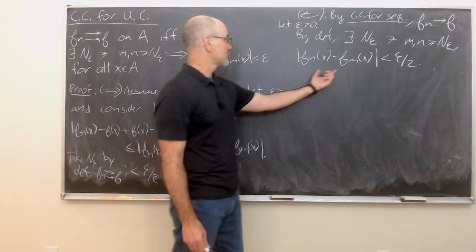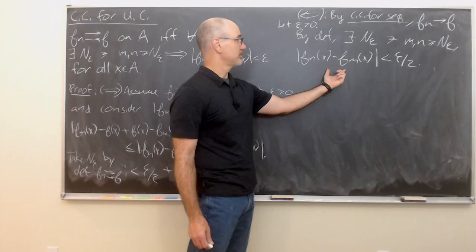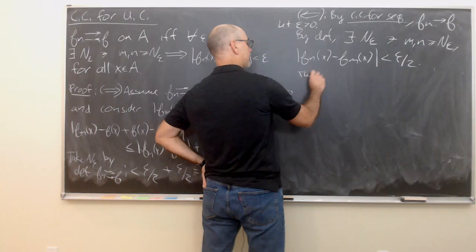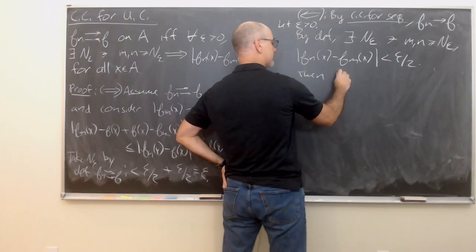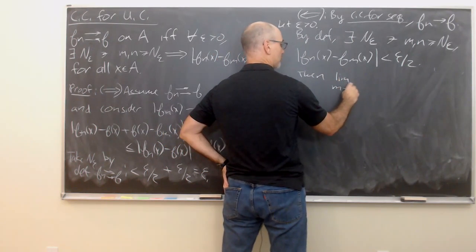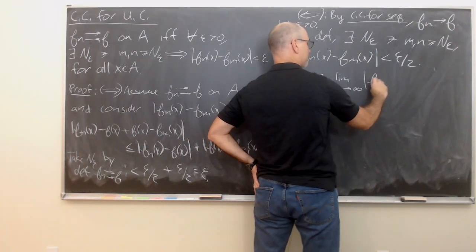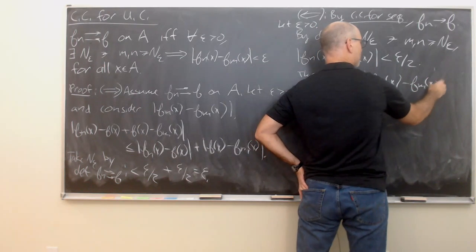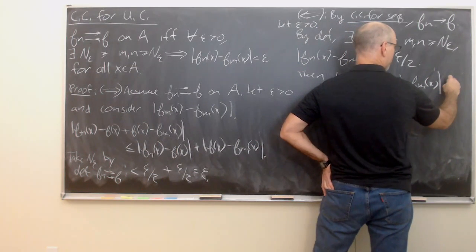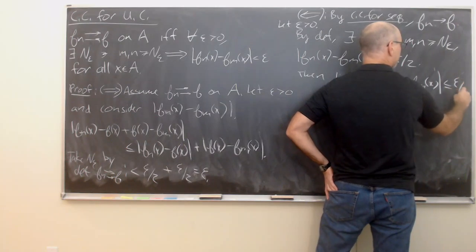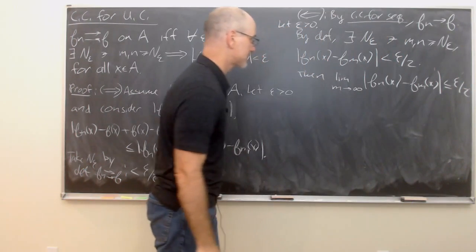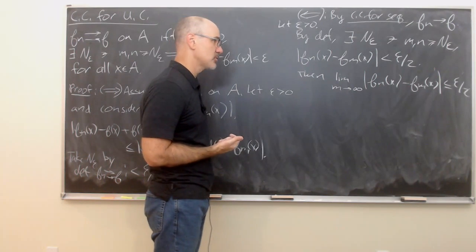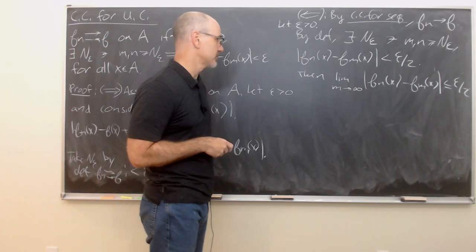Right, so if this is true for all m and n bigger than capital N, then it's true for the limit as m goes to infinity. And in the limit, right, we know that each individual term is less than epsilon over 2, but in the limit it might actually equal epsilon over 2.